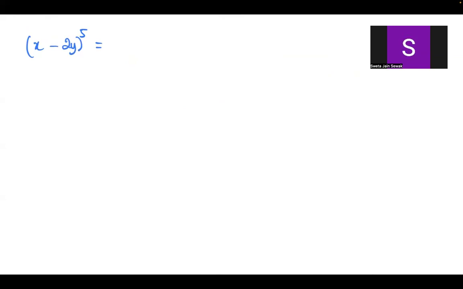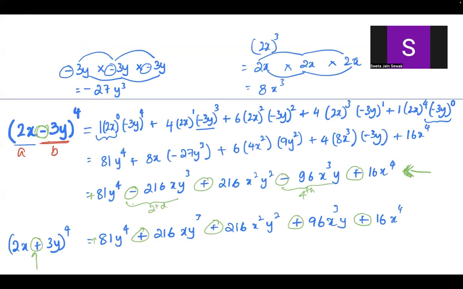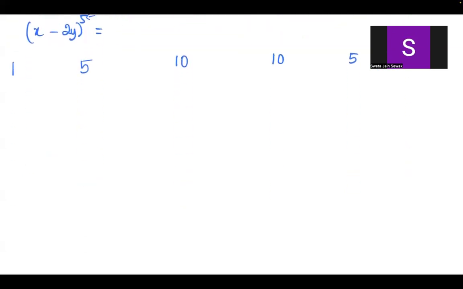So I'm going to write here 1, 5, 10, 10, 5, 1. You should also note that when the power is 5, the number of terms or coefficients that we see is 6. When the power was 4, the number of terms that we have is 5. If the power is 3, the number of terms is 4. So the number of terms is always 1 more than the power.